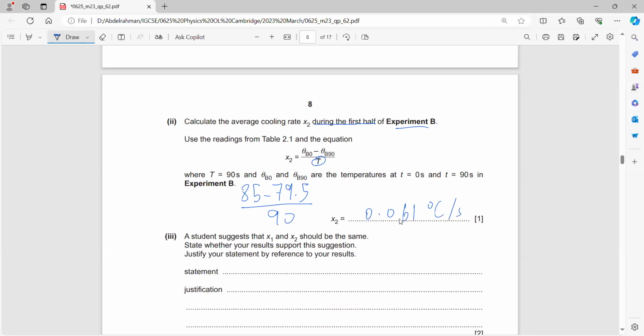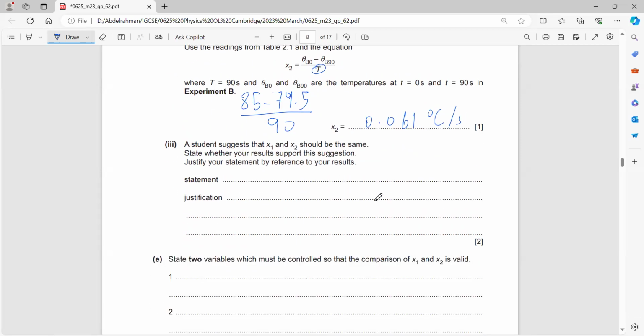The student suggests that x1 and x2 should be the same. State whether your results support this suggestion or not. Are they the same value? 0.061 and 0.056. No. Okay, 0.061 divided by 0.056.